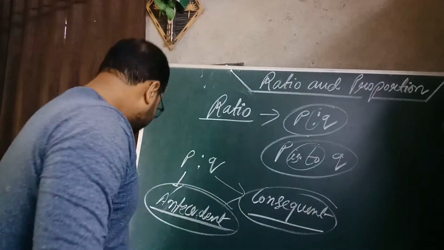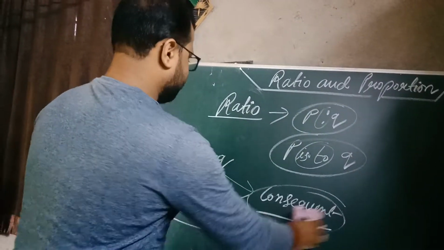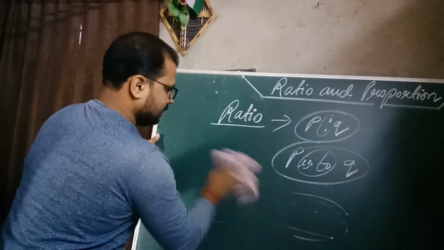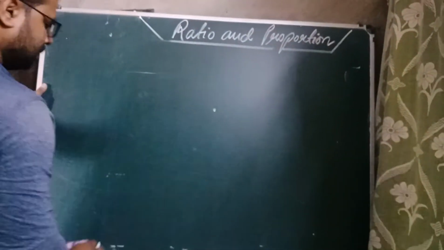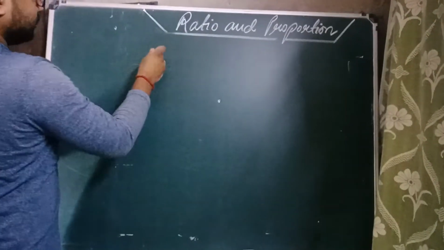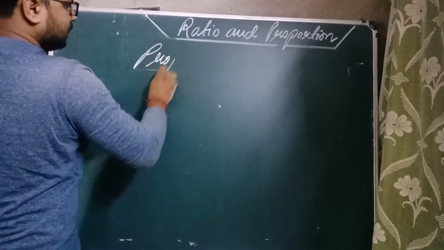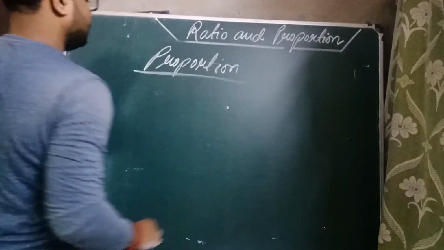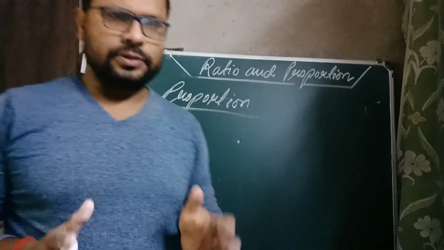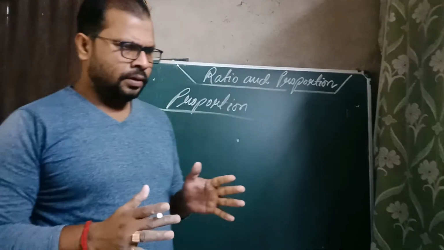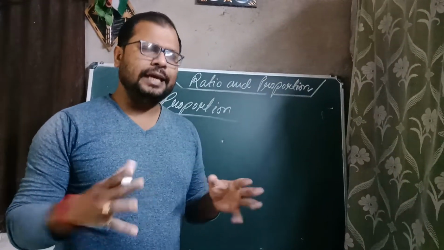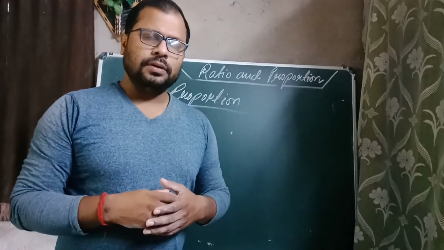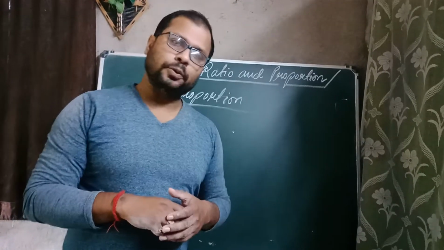Now we'll try to understand what is proportion. What do we call proportion and what is proportion? When two ratios we equate together, then it is called proportion.